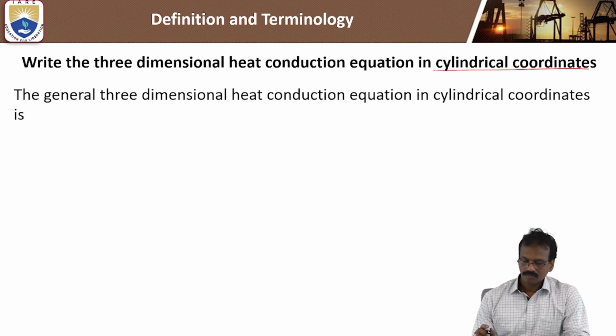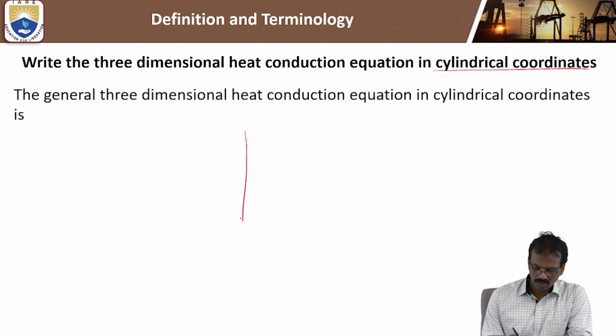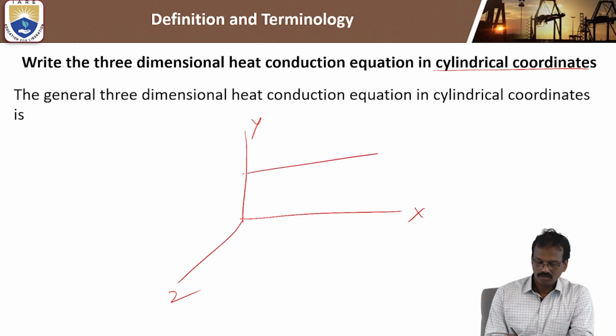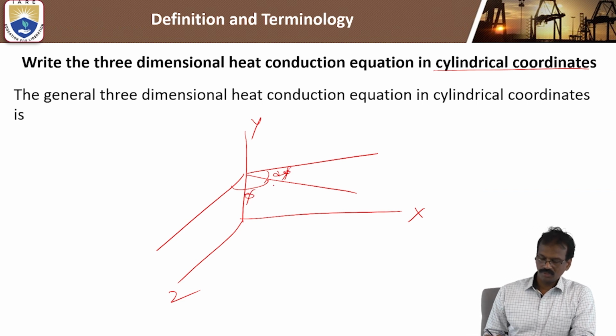Okay, here also we have x, y and z. Just your x and y, you are taking some angle. This is the angle phi. This is the d phi.